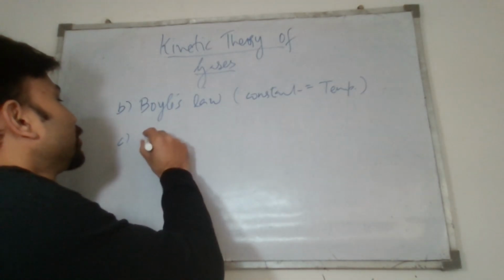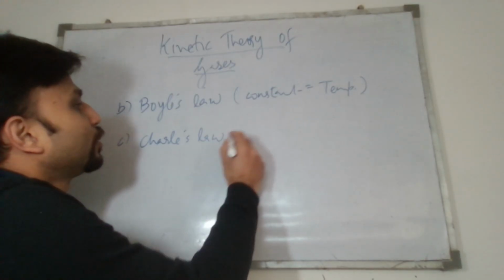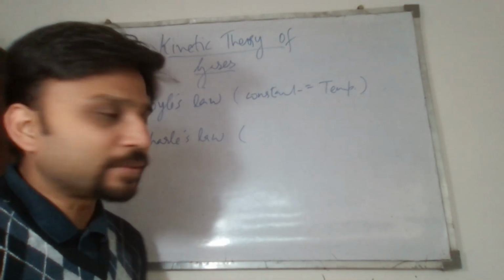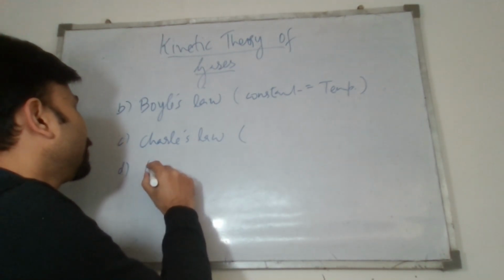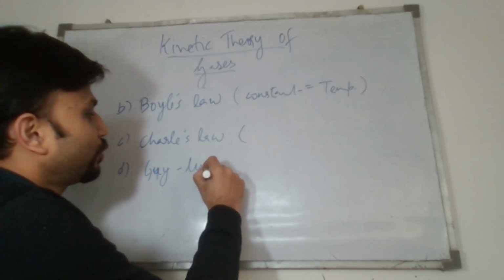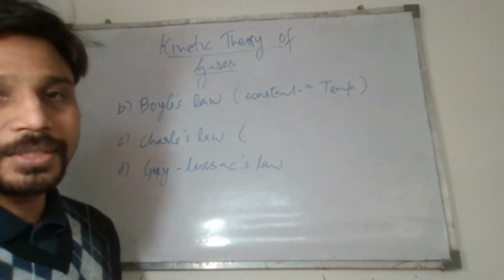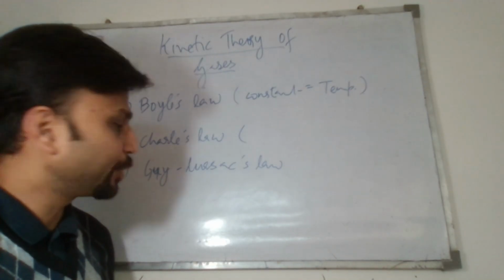And we have Charles' law, which says that pressure is constant. Then we have Gay-Lussac's law, which says that if the volume of the gas is constant, what is the relation between pressure and temperature?